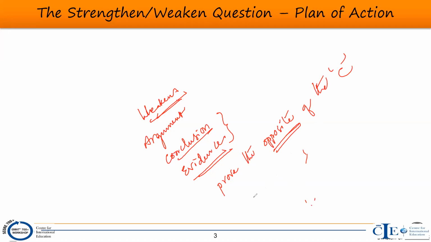Identify the conclusion, state the opposite of the conclusion, and prove the opposite from the options. Whichever option proves it, that is your answer. So you must clearly state the opposite of the conclusion. Then you must prove it. Okay. So that is type 1.